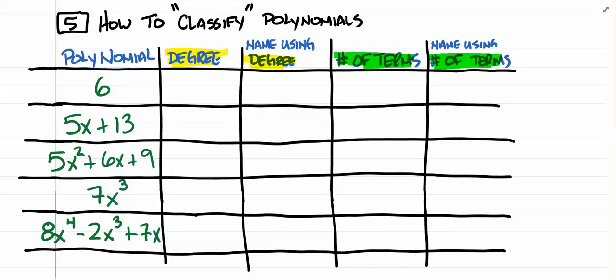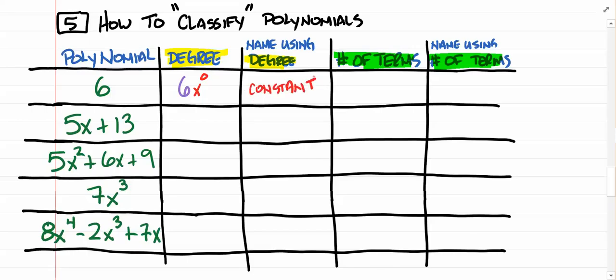So let's take the first example. The number 6. It's a polynomial. Okay, the degree of this is going to be a 0. Why do you ask? Because I could write this as 6 times x to the 0 power and not change the value of my 6. So therefore, the degree is 0, and the name using this particular degree would be constant.